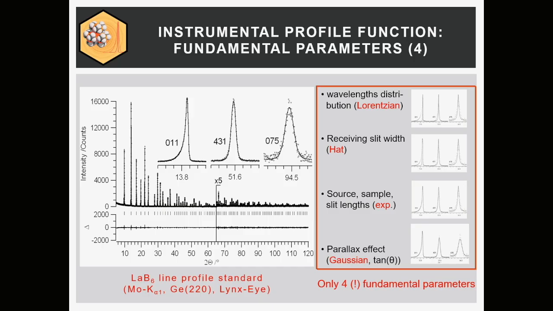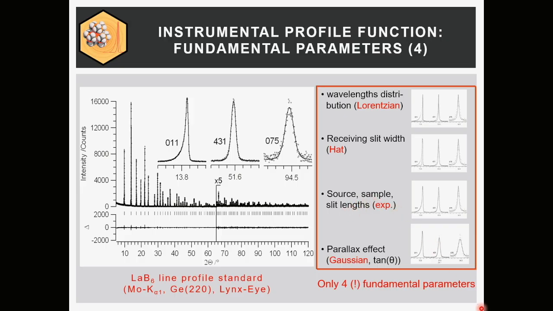And you see, you only need the wavelength distribution, which is some Lorentz function. You need the receiving slit, which is the top-hat function. You need the asymmetry due to the axial divergence, which is basically geometrically the source, sample and slit length.